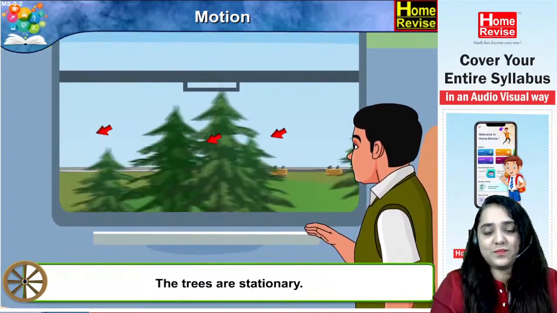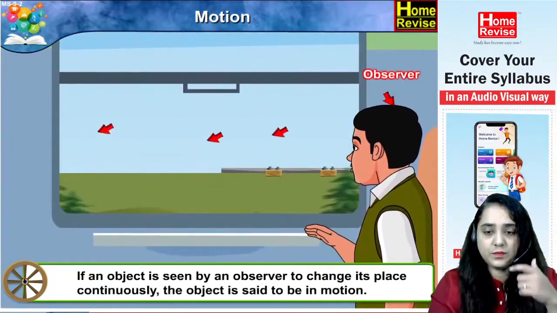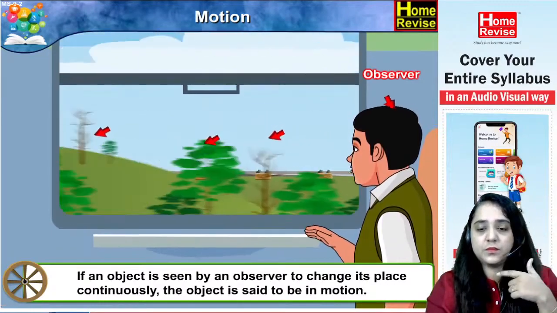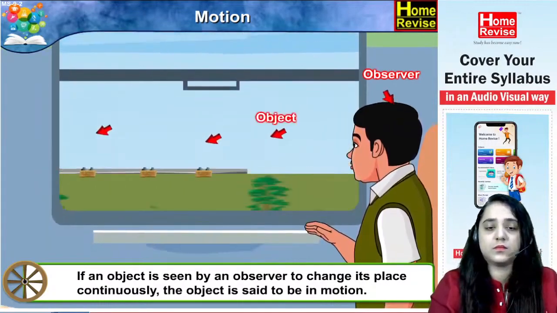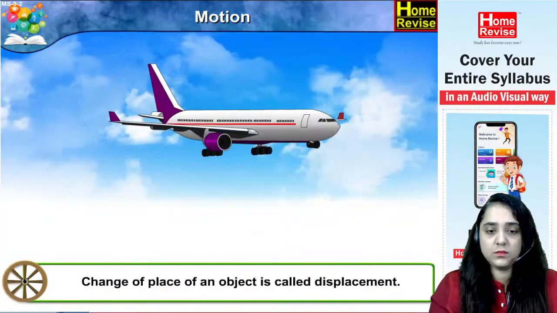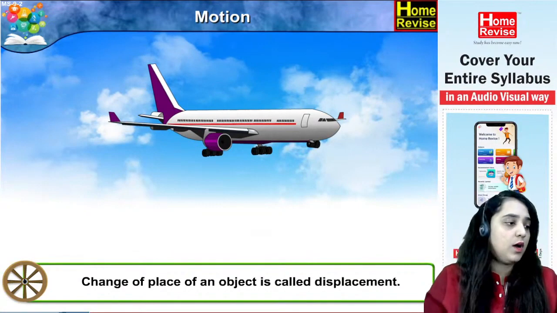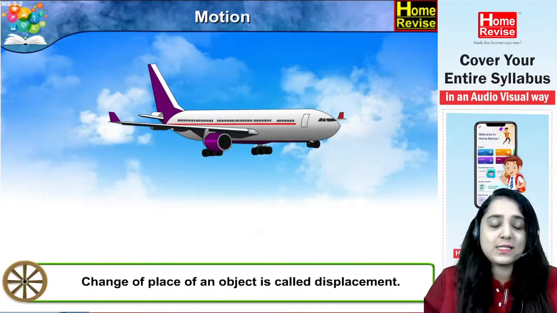Correct. Students, note that if an object is seen by an observer to change its place continuously, the object is said to be in motion. Change of place of an object is called displacement. So for example, what is displacement?